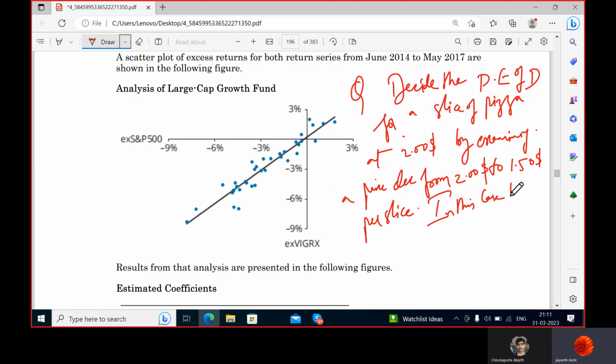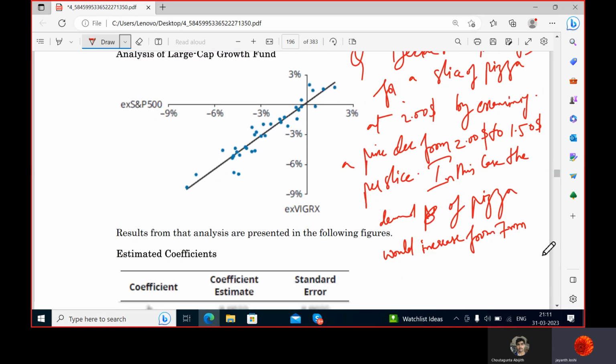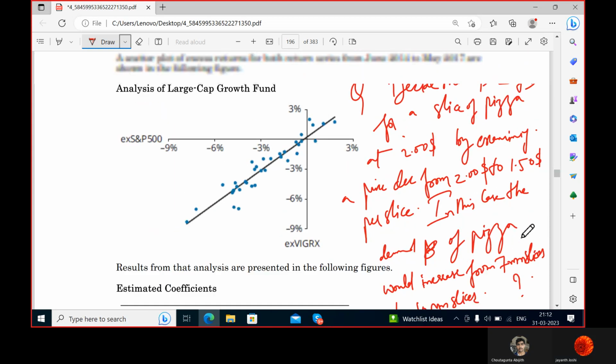In this case, the demand for pizza would increase from 7 million slices to 10 million slices. Now you tell me what kind of price elasticity of demand this is. Come on.